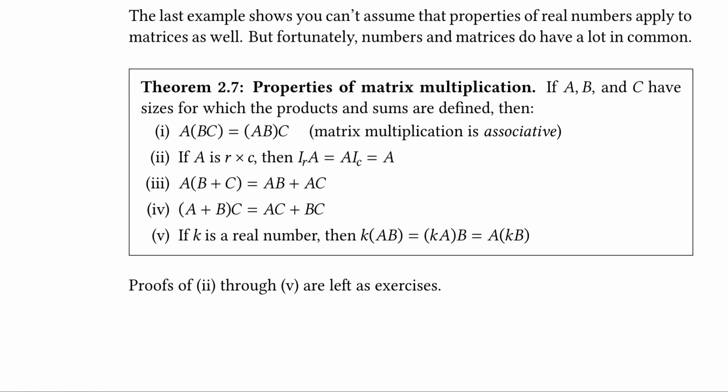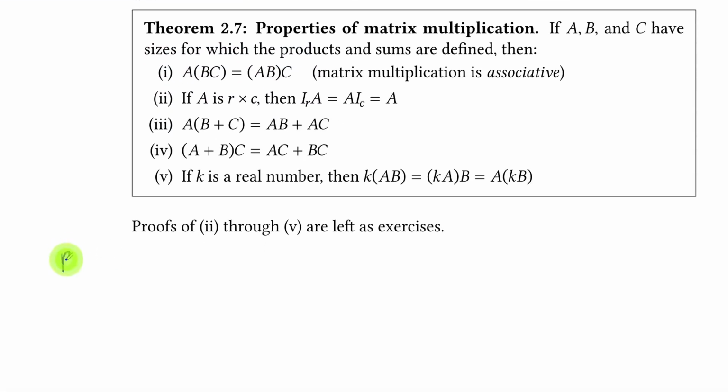We still have an associative rule, right? You can move these parentheses around here. You get the same thing. That's the one we're going to prove right now. The identity matrix, remember, has 1s in the main diagonal and 0s everywhere else.